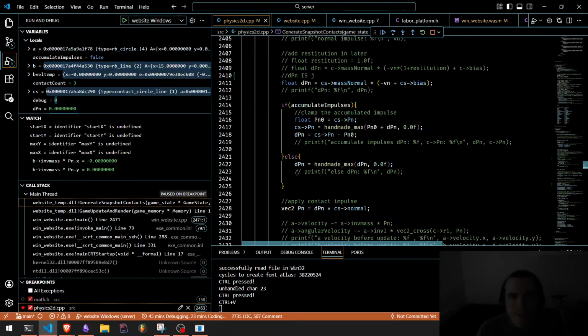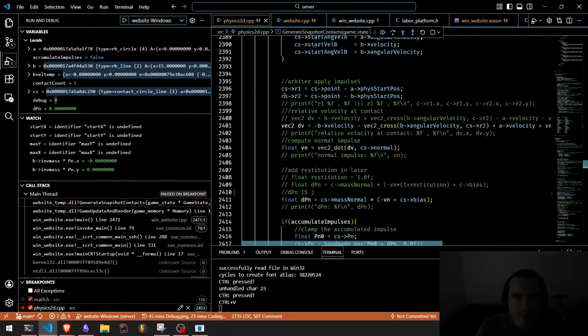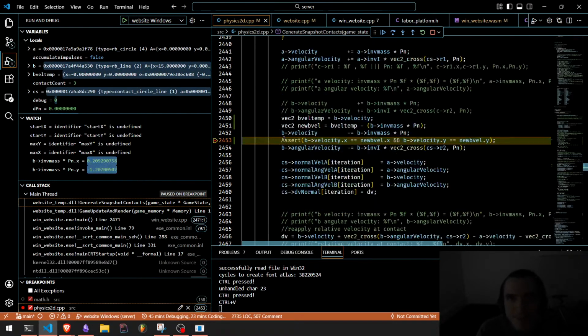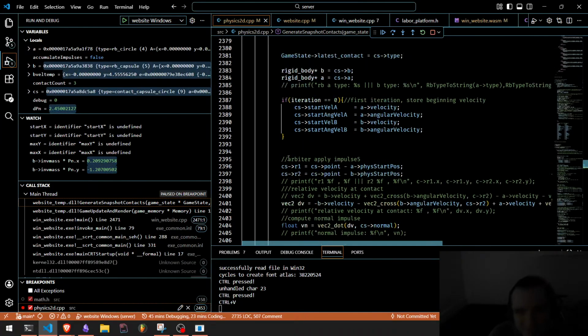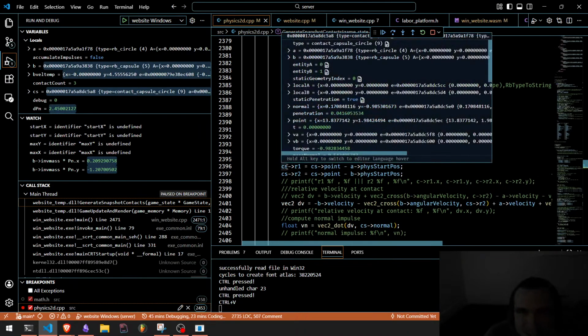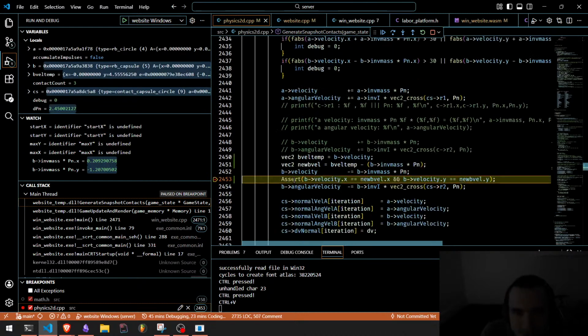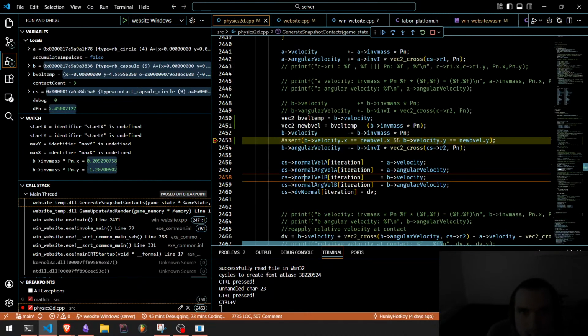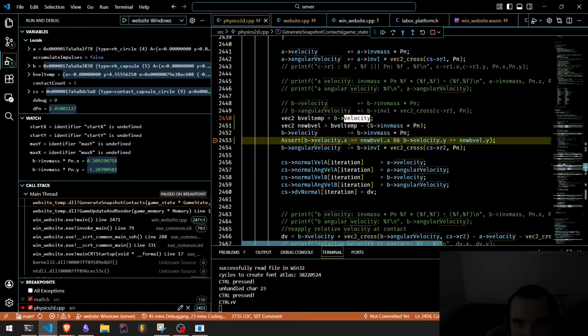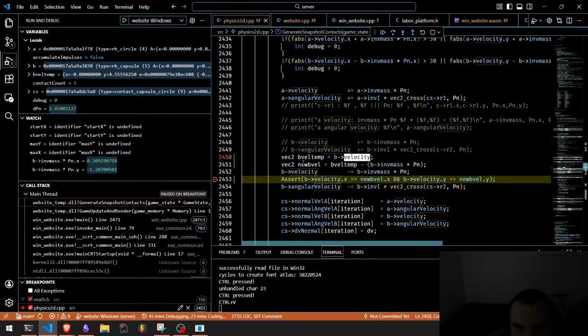Get back to that snapshot of capsule versus the circle. This one should be it. Yeah, capsule circle. Temporary velocity should be going down.